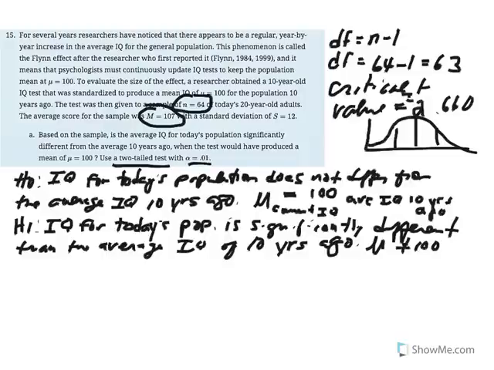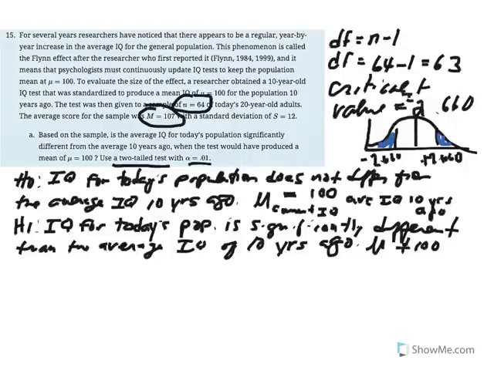So we have negative 2.660 and positive 2.660. Again, we're hoping we fall into the critical region based on the t statistic that we're going to calculate.